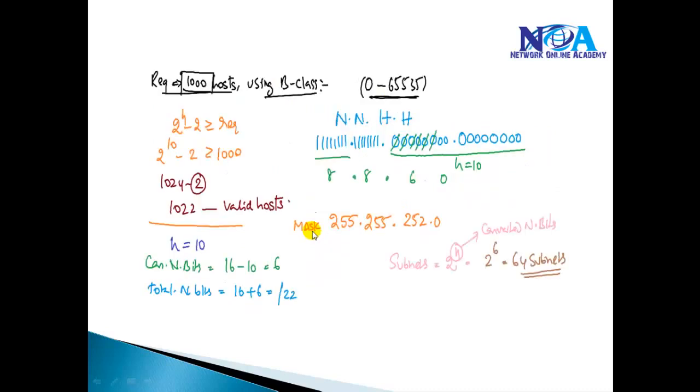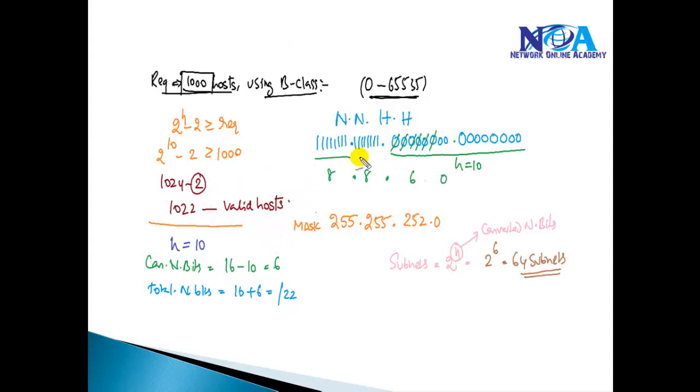We need to go with 2 to the power of 10, that is 1024, and in that again we cannot use two addresses, one for the network ID, the first IP of the range, and one for the broadcast ID. So the total valid addresses I can use are 1022. Meaning if my requirement goes above 1000, I can go to a maximum of 1022 addresses in the future.